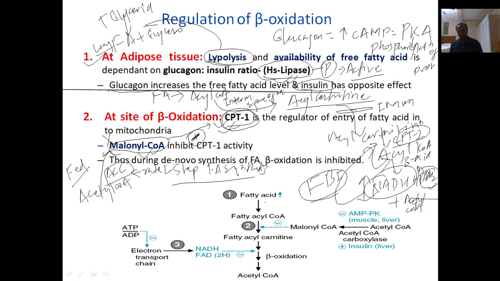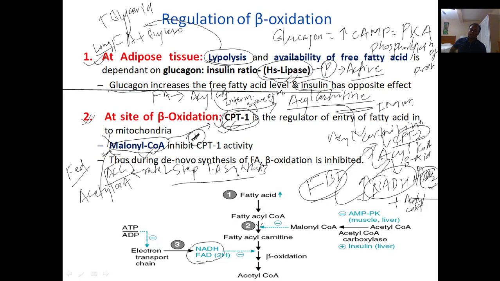So you can see here, fatty acid after being synthesized will undergo beta oxidation. Malonyl coenzyme A will inhibit this during fed condition, and then the third regulation is through NADH and FADH2. Don't forget these important steps, 1 and 2. It is not that difficult to remember.